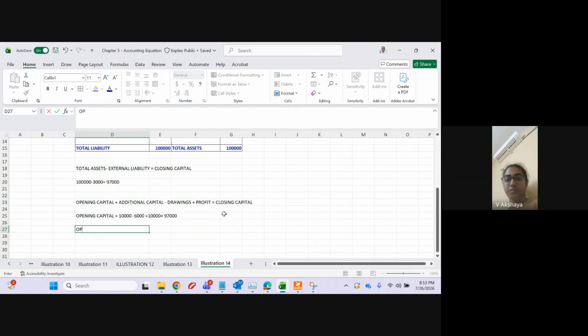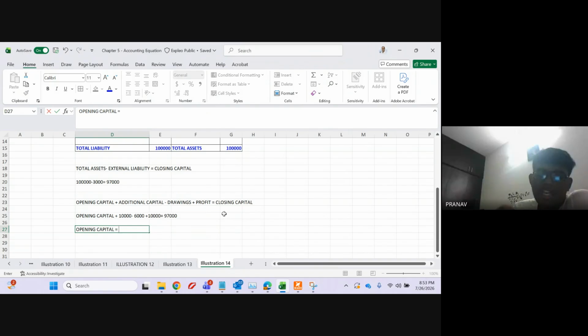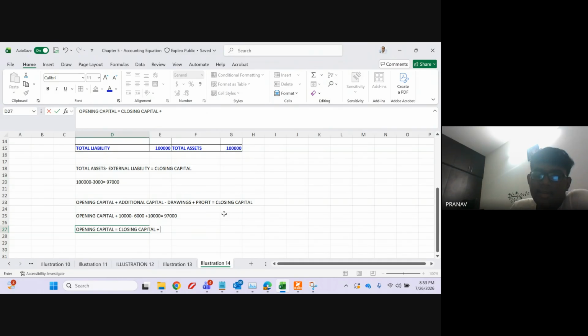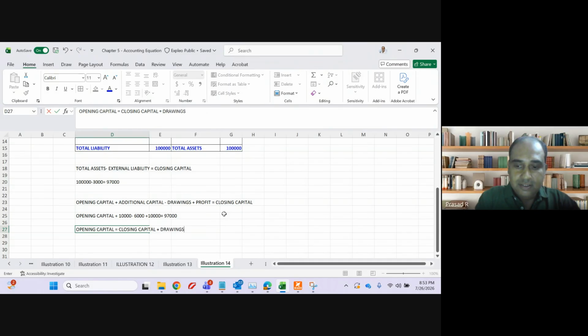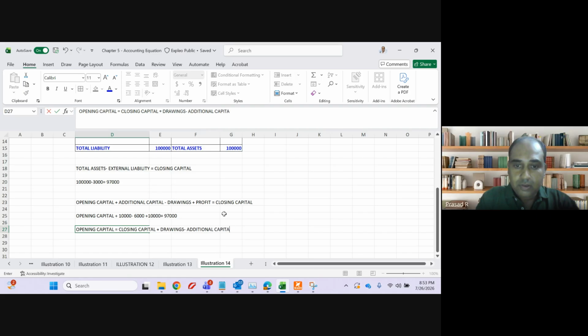Yes, sir. What is the formula for opening capital? Now you are creating another formula. Opening capital equals closing capital plus drawings minus additional capital minus profit.